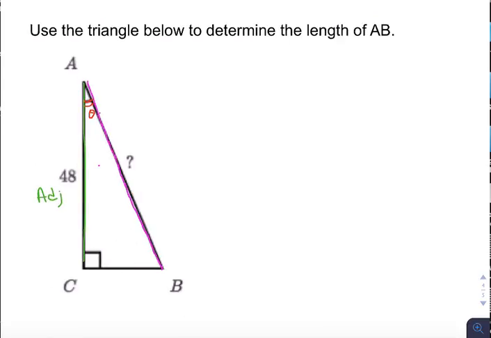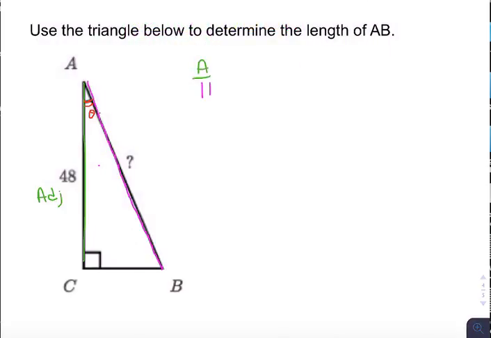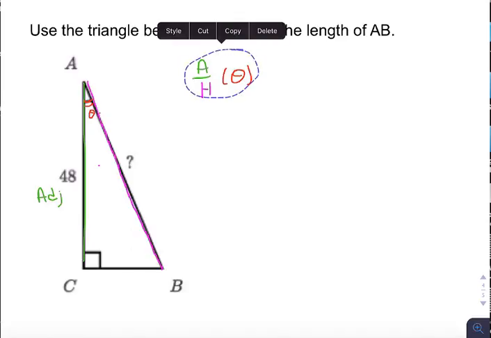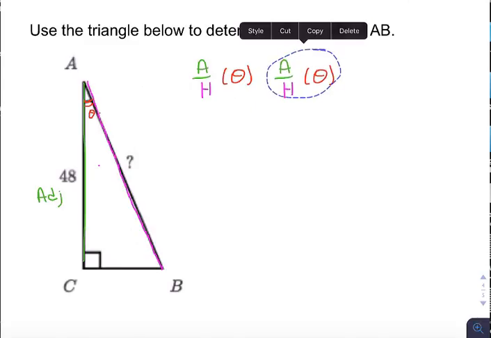So we're going to start out by writing a ratio just like we always have. We need to solve adjacent over hypotenuse, using a reference angle of theta, which is the same exact thing as this, again, because we are always trying to compare two similar triangles.